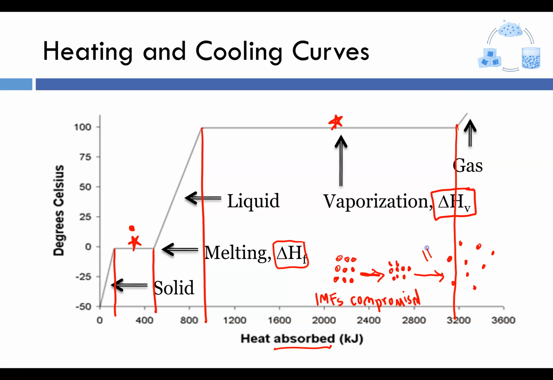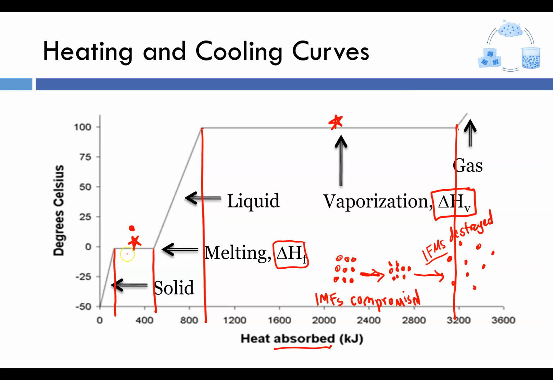Yeah, they basically have to be destroyed. You need to put in enough energy to separate the molecules away from each other so that they can spread out and behave as a gas. It takes far more energy in most cases to destroy those intermolecular forces as we go from liquid to gas than it does just to compromise them as we go from solid to liquid.